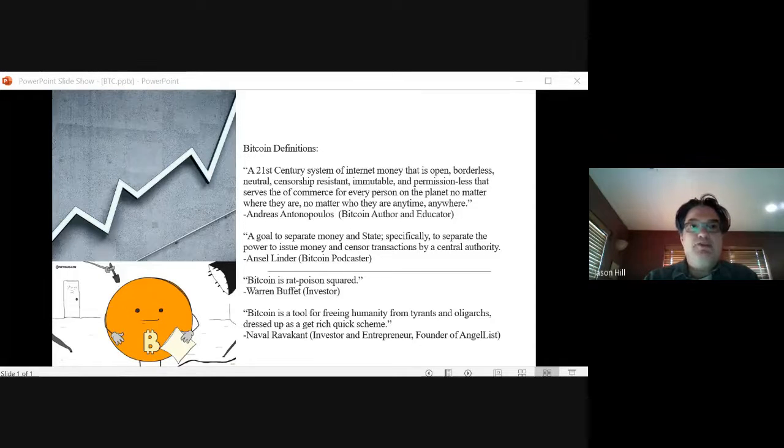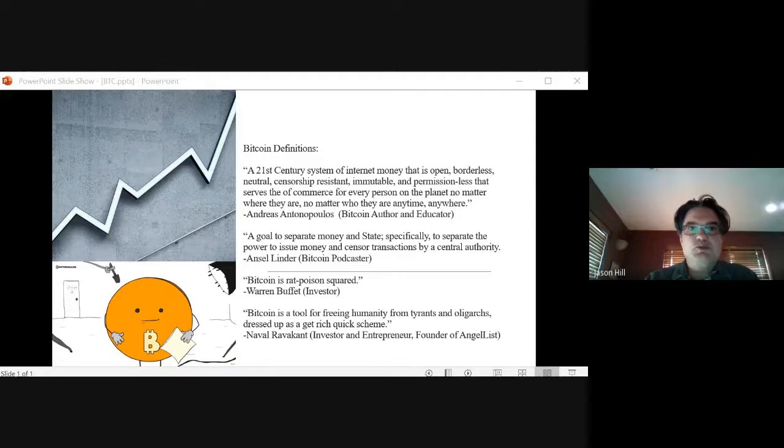Next is Warren Buffett's famous quote. This one made a lot of headlines. Bitcoin is rat poison squared. If you don't know, Warren Buffett's a bajillionaire investor, founder of Berkshire Hathaway, also known as the Oracle of Omaha. He doesn't get much wrong at all, but I think so far at least he's whiffed on this one, at least from a purely investment standpoint.